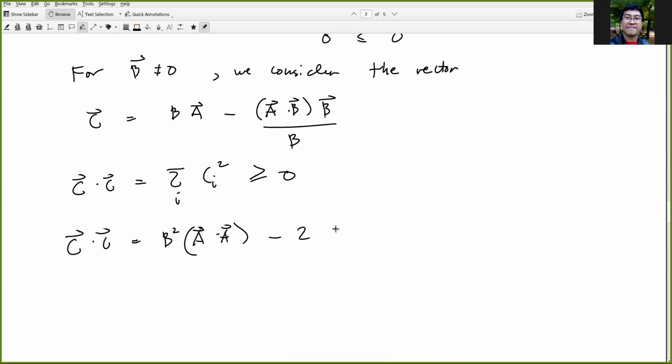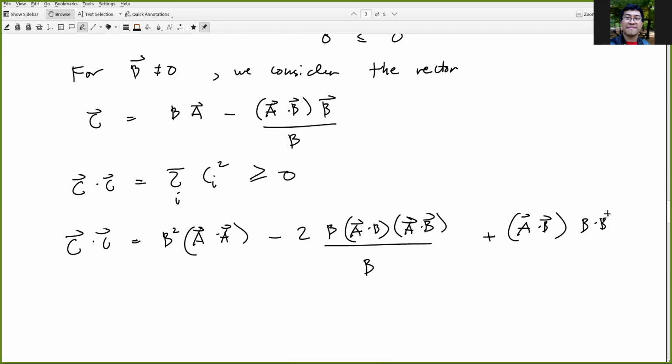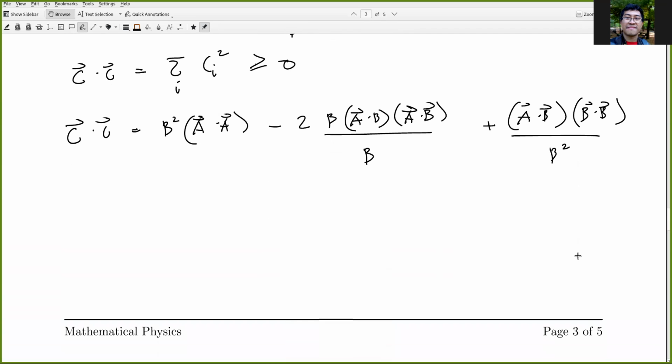That's twice (A dot B) times (A dot B) divided by B, plus this squared. So you have A dot B, B dot B, divided by B squared. B dot B and B squared are the same, so they cancel out.